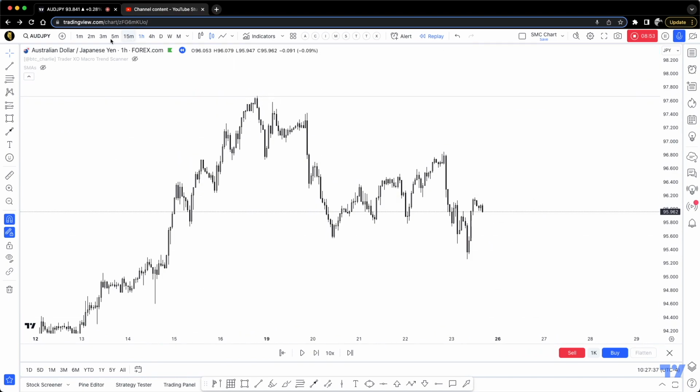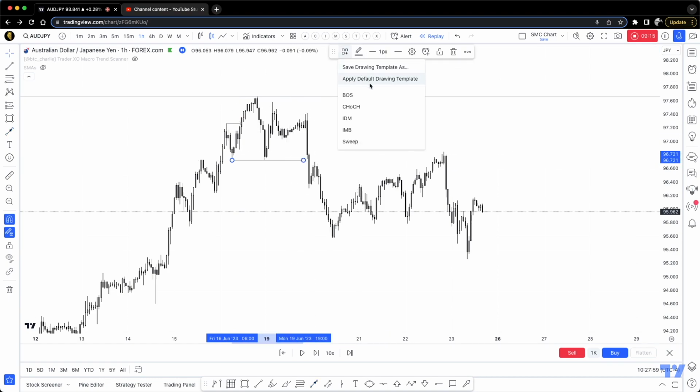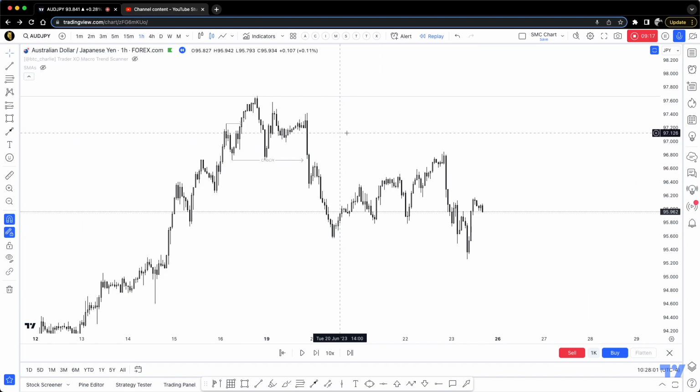If I keep going on 15-minute, 5-minute, definitely our last break of structure to the upside was this one. Right now, on the 1 hour time frame, this is an impulse. It looks more like an inducement, but if I go into a lower time frame, this would definitely be a BOS. This is the whole idea. This is my CHoCH right here.